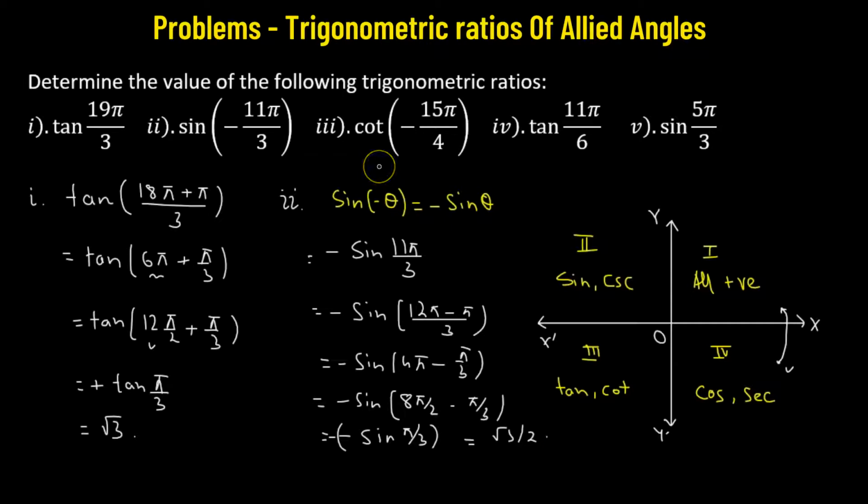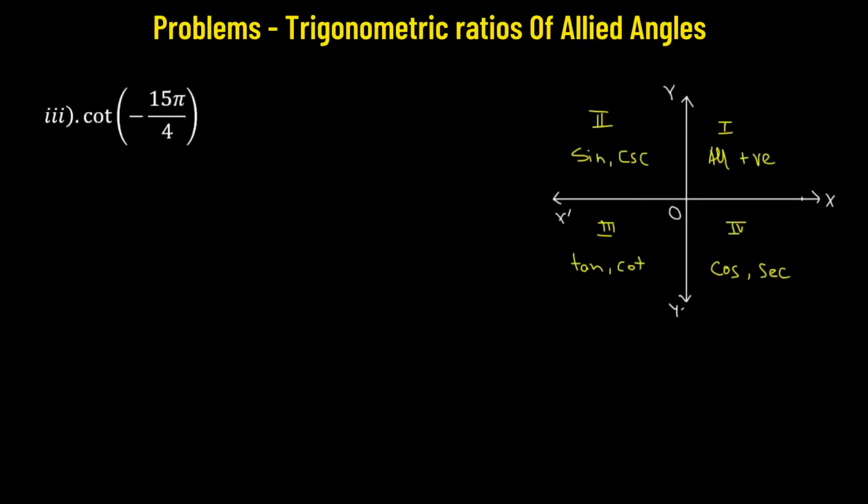Now let's go to the third one. We have cotangent of negative 15 pi over 4. We can use the fact that cotangent of negative theta is equivalent to negative cotangent of theta. Meaning our given trig function will become negative cotangent of 15 pi over 4.